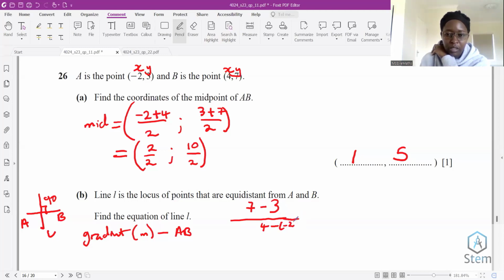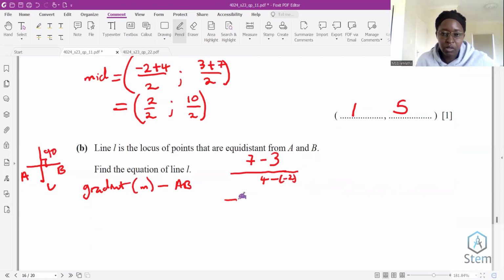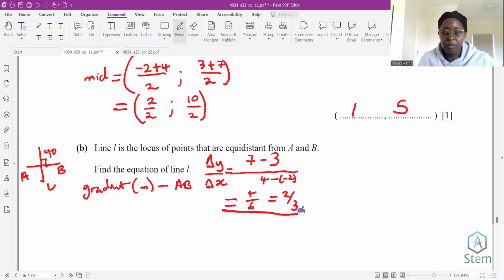Okay, like that. That's my gradient. Because I'm just doing change in Y over change in X, this is going to give me 7 minus 3, that's 4, over 6. So this is 2 over 3. That's my gradient for AB.